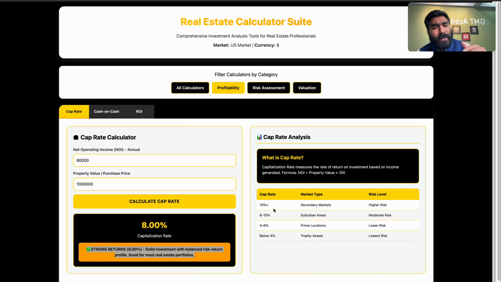Now, industry-wide benchmarks or standard cap rates: 10% or plus would be secondary markets or higher risk investments; 6 to 10% would be suburban areas or moderate risk investment profiles; then 4 to 6% for prime locations, and below 4% would be trophy assets or lowest risk. So this is how you can relate the cap rate.